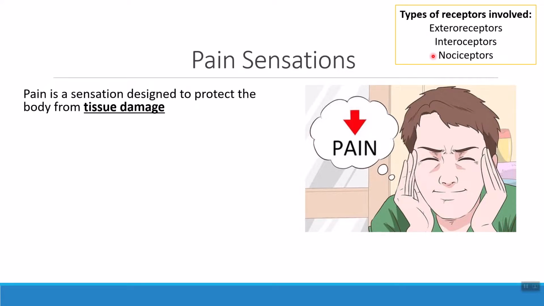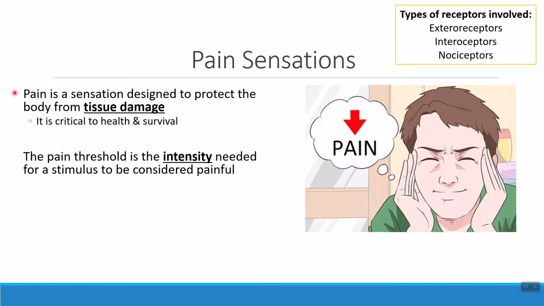When we talk about the pain sensation, its ultimate purpose is to protect your body from getting tissue damage. So if we're sitting in a position that's uncomfortable, that registers as pain, and that pain prevents us from continuing to sit in a position that might starve our body of oxygen. So pain sensations are there to keep you safe.